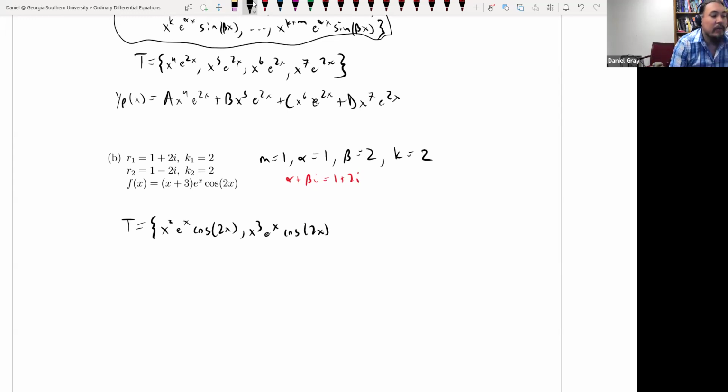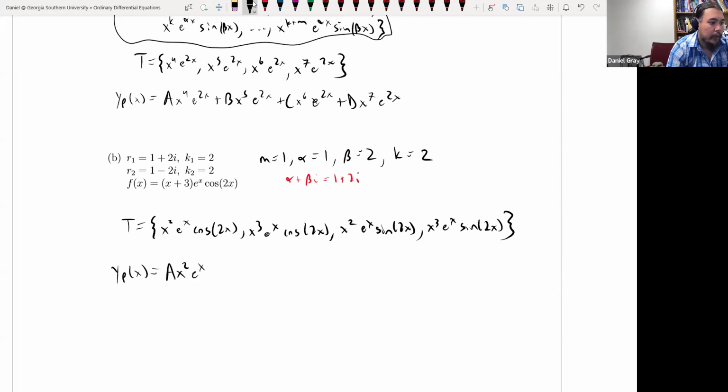But now we get the exact same sine terms, right? So just replace all of these with sine now. We get x squared, e to the x, sine of 2x, and x cubed, e to the x, sine of 2x. Okay. And then now that we have that, our particular solution, just a linear combination of these.